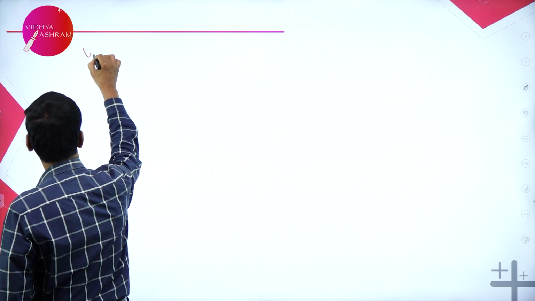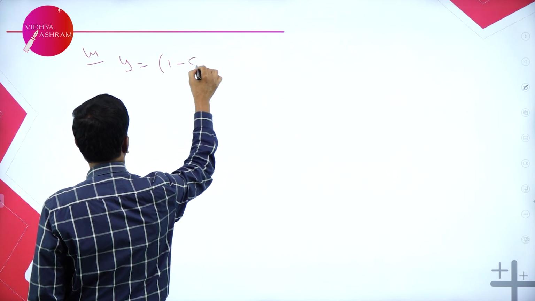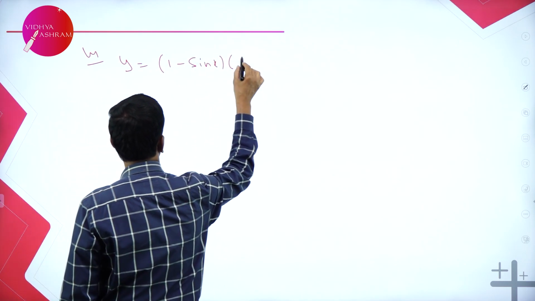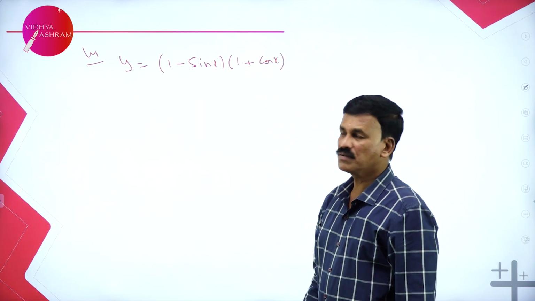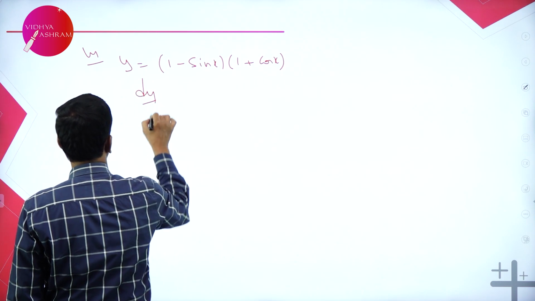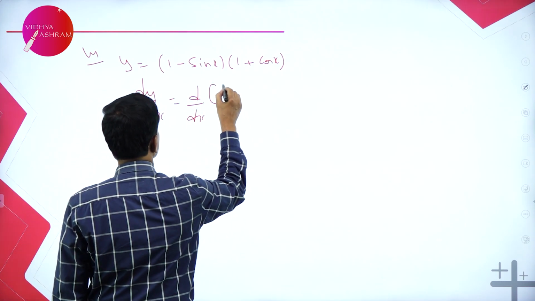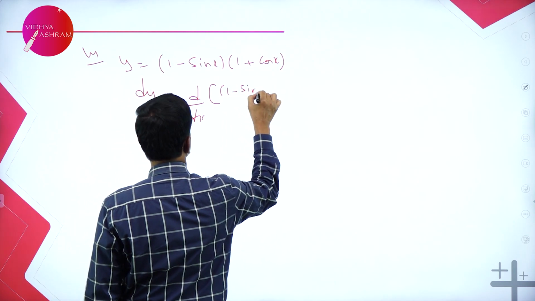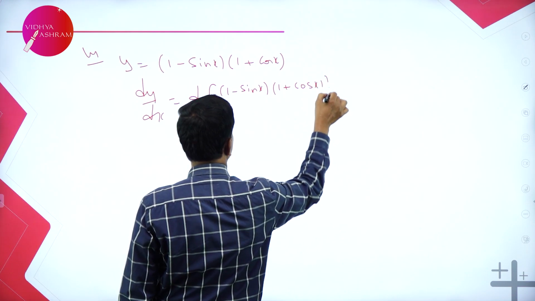Now, suppose similarly y is equal to (1 minus sin x) into (1 plus cos x). If you differentiate, dy by dx is equal to d by dx of (1 minus sin x) into (1 plus cos x).